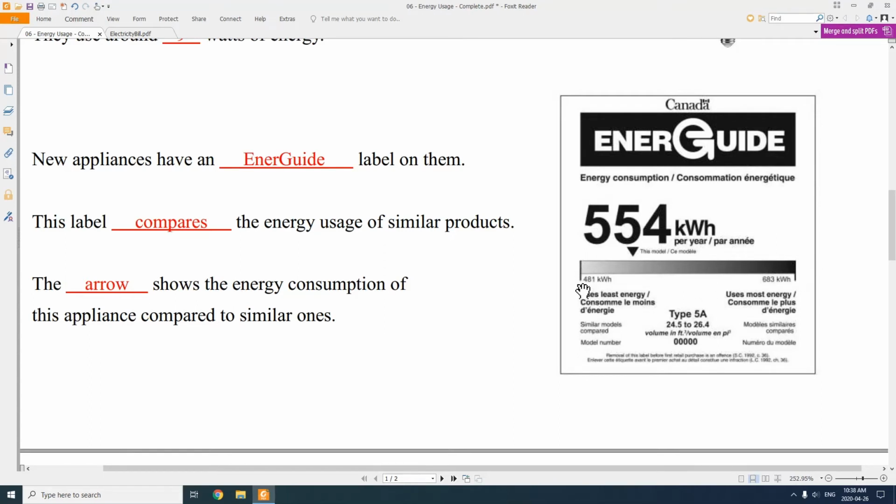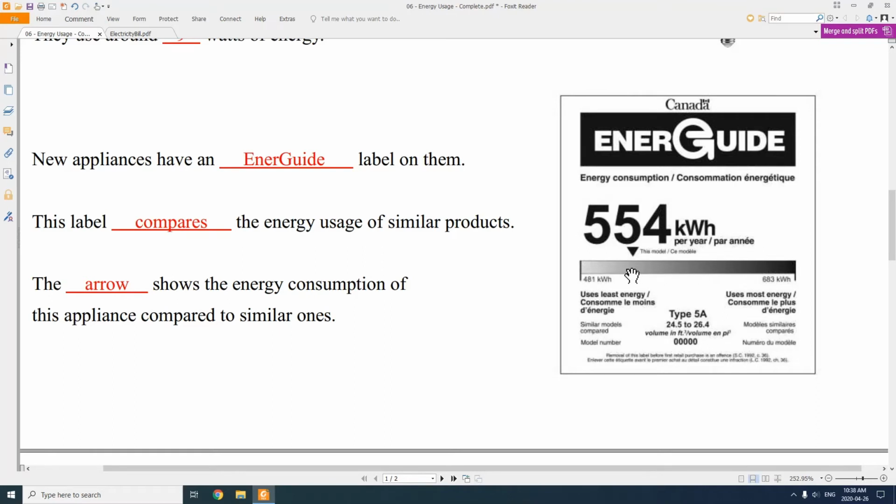In this case, it's comparing other similar freezers, say regular sized house freezers. They looked at maybe 50 different models that were very similar but from different brands, and looked at how much electricity each one used. The one that used the least energy used 481 kilowatt hours, and the one that used the most used 683. This particular one used 554.